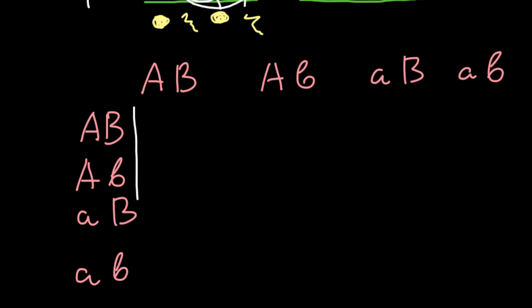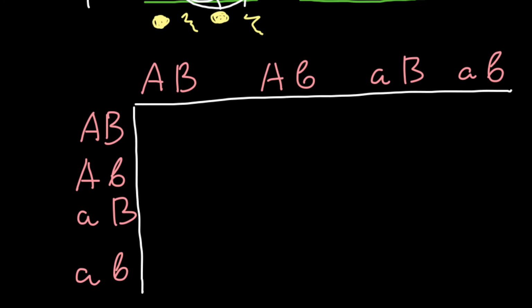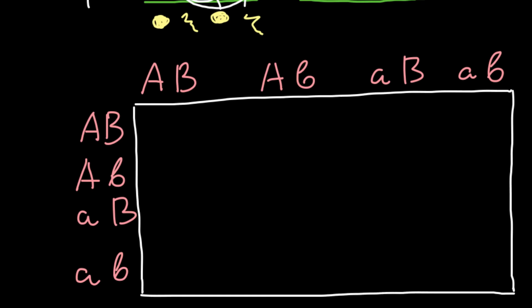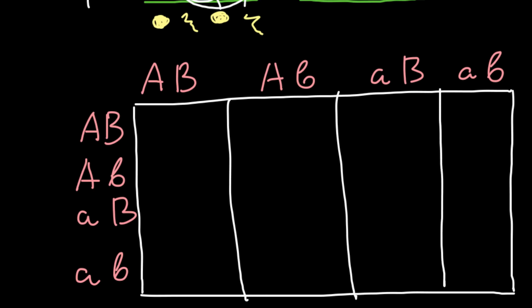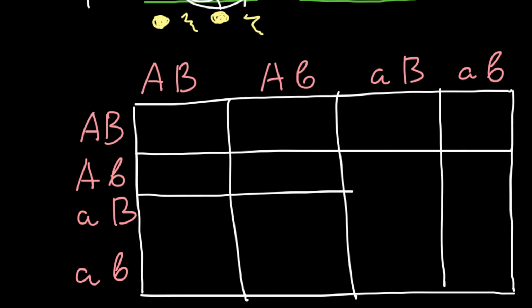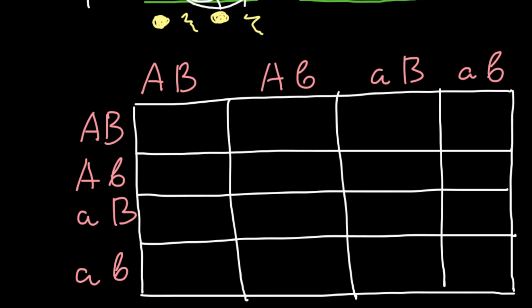So now when we build a Punnett square, this is going to be a 4 by 4 Punnett square, 16 cells. We can find all the probable genotypes and phenotypes that such a cross would produce.